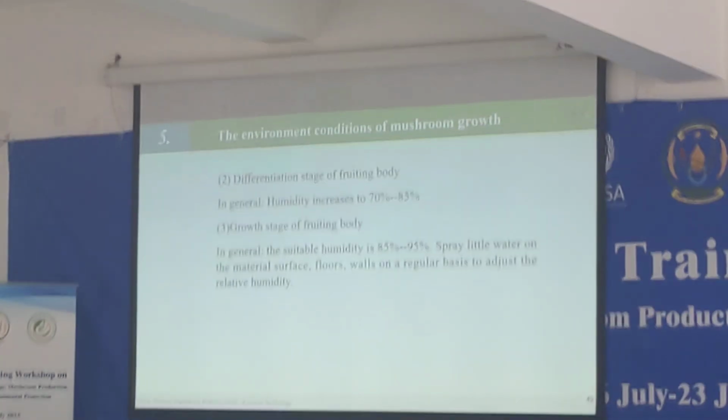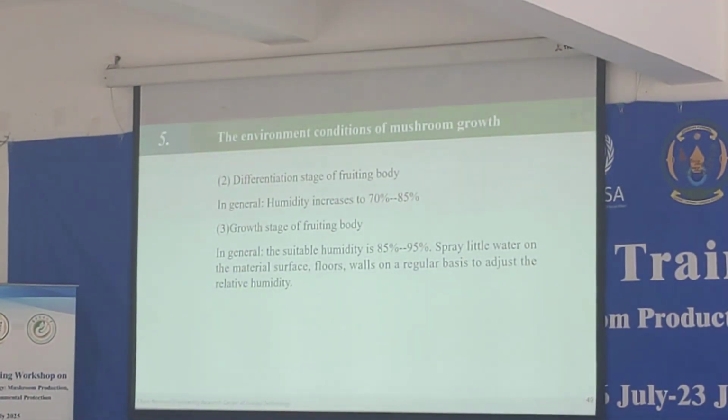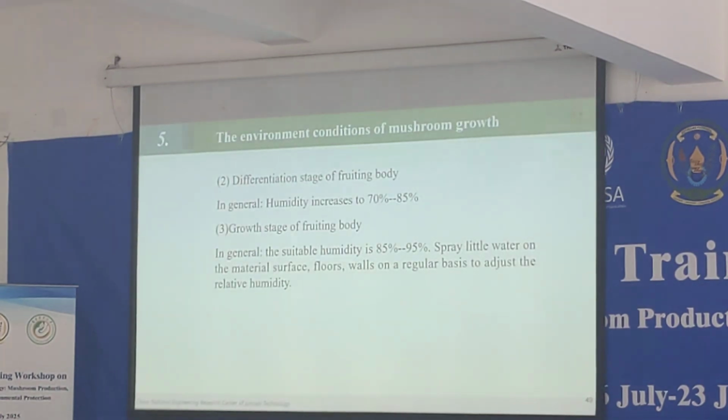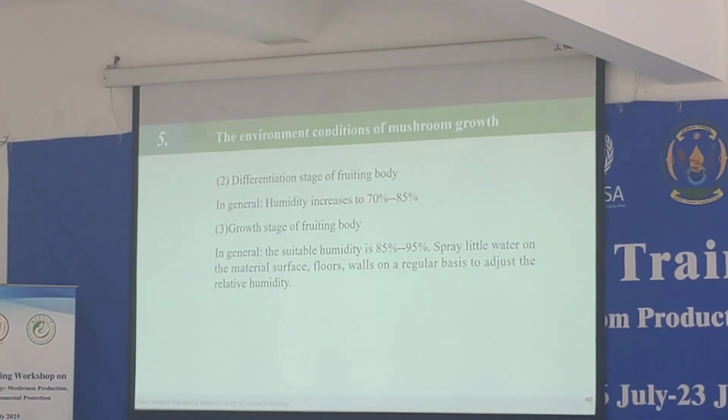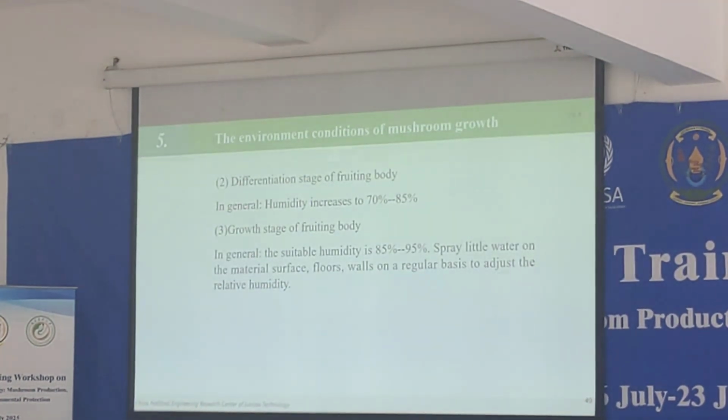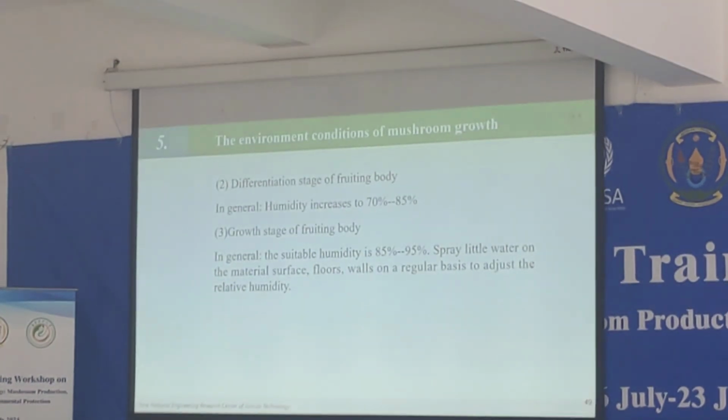But for the fruiting body, we should increase the humidity to 85 to 95%. So when we grow mushroom, we should spray water. We should check the humidity inside the house, or if you use the arch with the plastic cover.